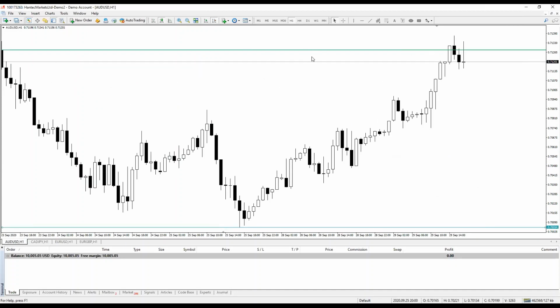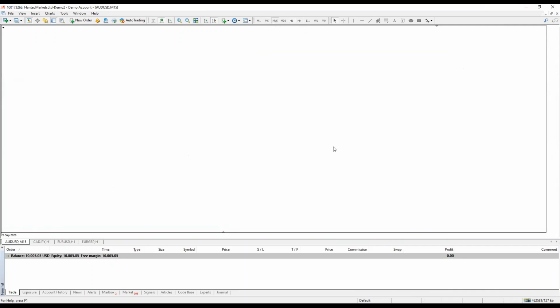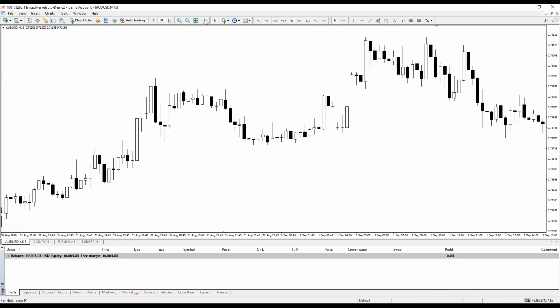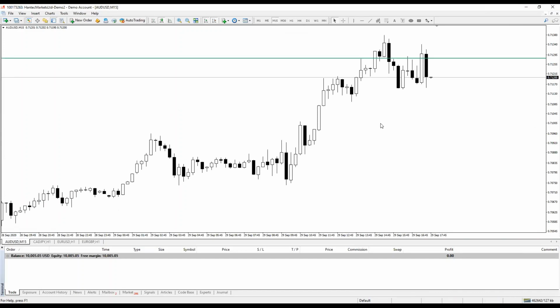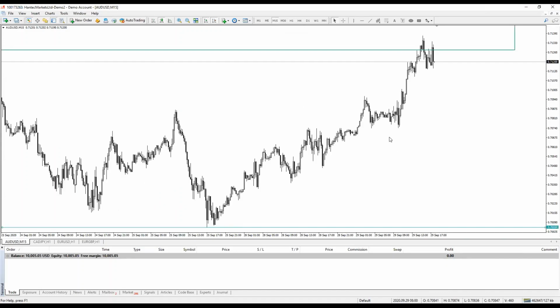So we have that supply zone drawn by the H1, and now we go to M15. Okay, it's all real time, right? And we see price is reacting to the supply, creating a lower low.